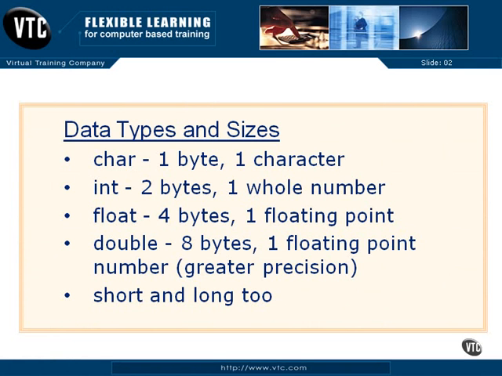A floating point, or a float, is generally 4 bytes of storage and will contain one floating point number. A double takes 8 bytes of storage, but it still only holds one floating point number. That number just has much greater precision.